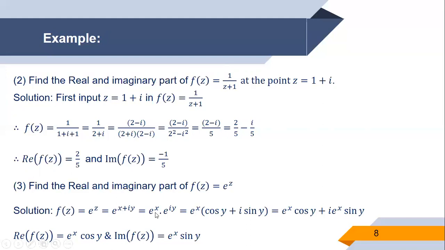So we write e raised to x into e raised to iy. We know that e raised to iy is cos y plus i sin y. Therefore, we get e raised to x cos y plus i e raised to x sin y. So e raised to x cos y is the real part and e raised to x sin y is the imaginary part.